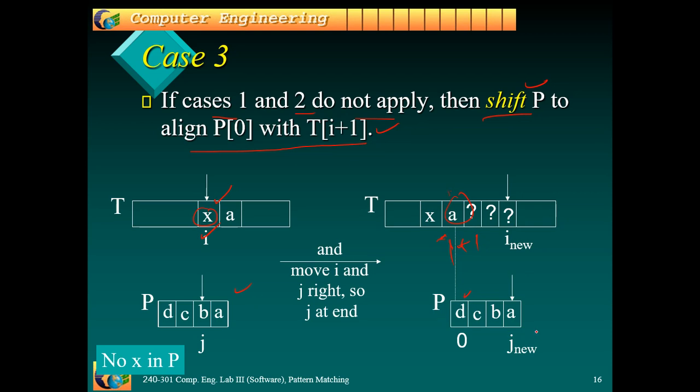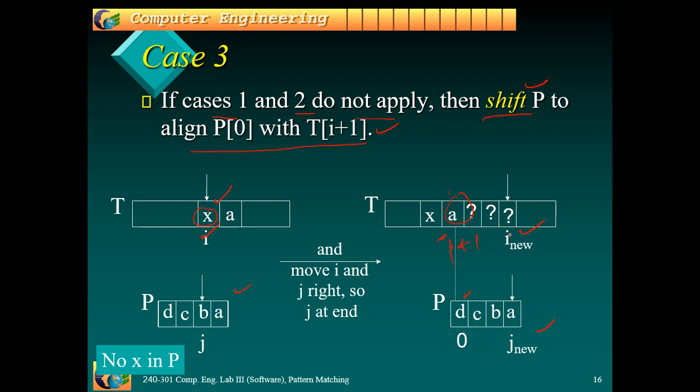Then your J starts again with the last character, and I will also be changed. Your new J and new I are available once you make this right shift to align P of 0 with T of I plus 1.